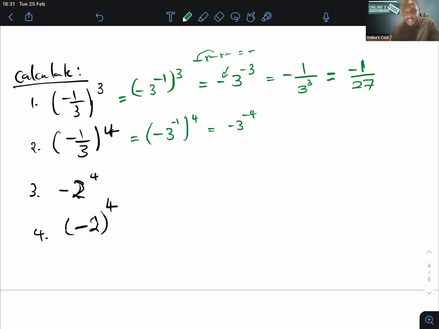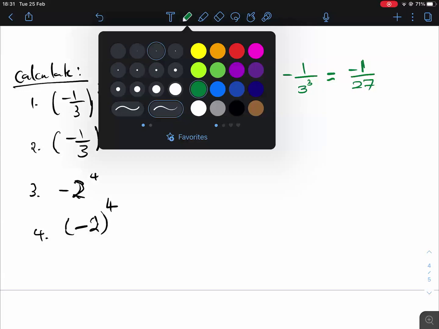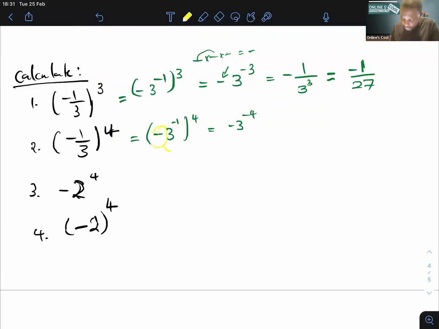That's why we maintain the negative here. As soon as we open brackets, we do the same here: negative multiplied 4 times, and then we get positive.